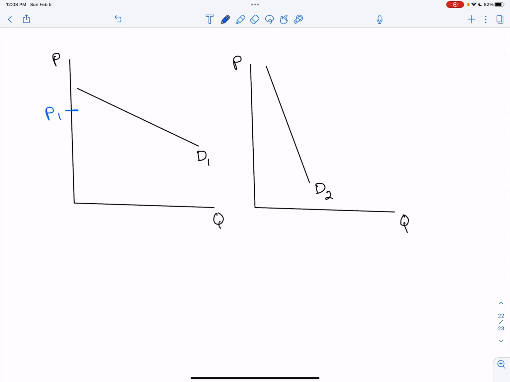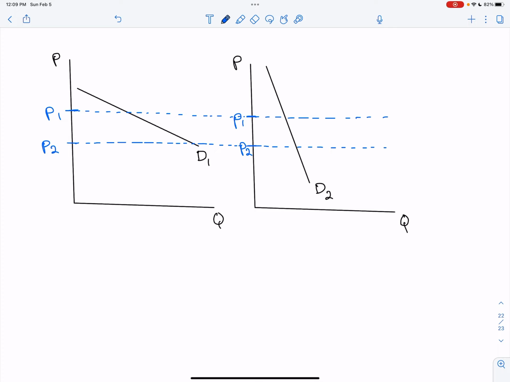We're trying to draw two graphs that are basically exactly the same. Okay, so that's P1. And let's draw some other price, and let's call that one P2.